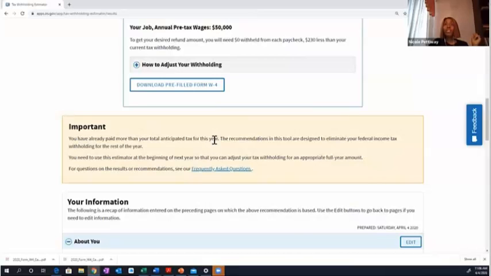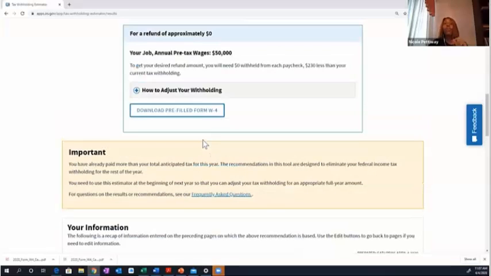The recommendation in this tool is designed to eliminate your federal income tax withholding for the rest of the year. So what this is saying is she's already overpaid for the first 3 months of this year. So in addition to her not having any more taxes taken out, she will likely get a refund because she's already overpaid for the first 3 months of the year.